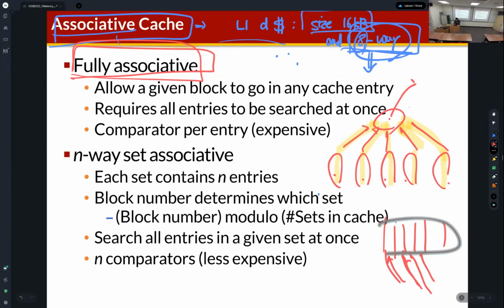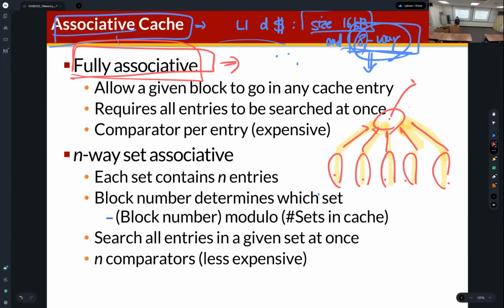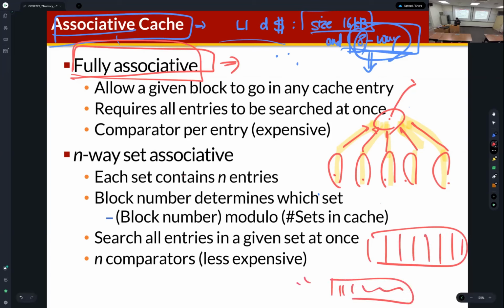This kind of cache is called a fully associative cache. There are many cache blocks, and memory also has many data blocks, and when data is requested, this data can be stored in any block of the cache.